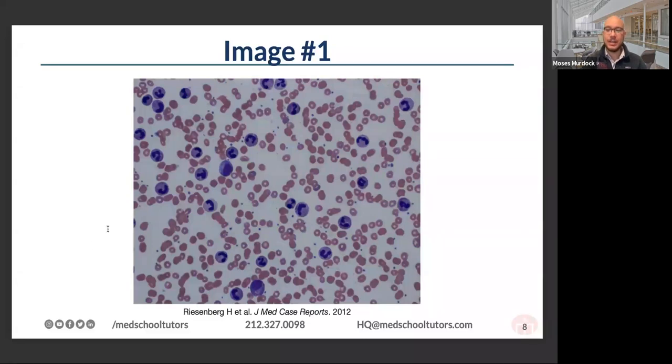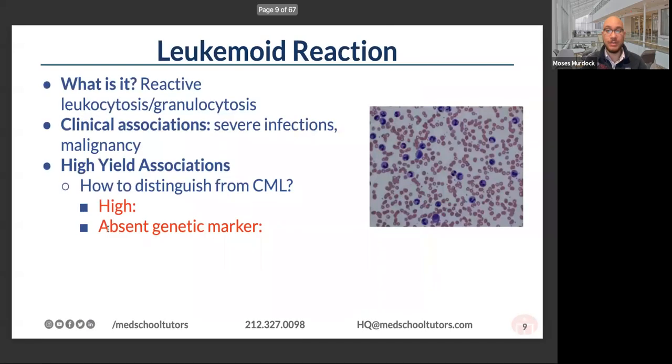The framework that I have for this is, are the number of cells abnormal and do they look abnormal, right? And if we're focusing on the white cells, we see that there are increased numbers of white blood cells. And this is an example of what you might see on a smear in a leukemoid reaction. So sounds fancy.